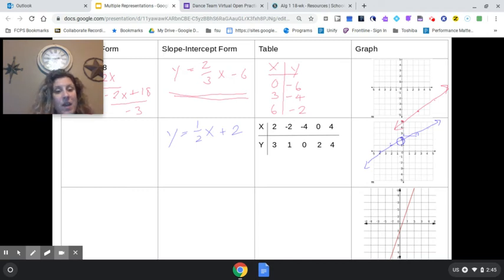Okay, now we haven't transformed the equation from slope-intercept form into standard form because that one's not a typical transformation, but we could. We want to move x's and y's over to the left side and leave the constant on the right. So I'm going to subtract 1/2 x from both sides.